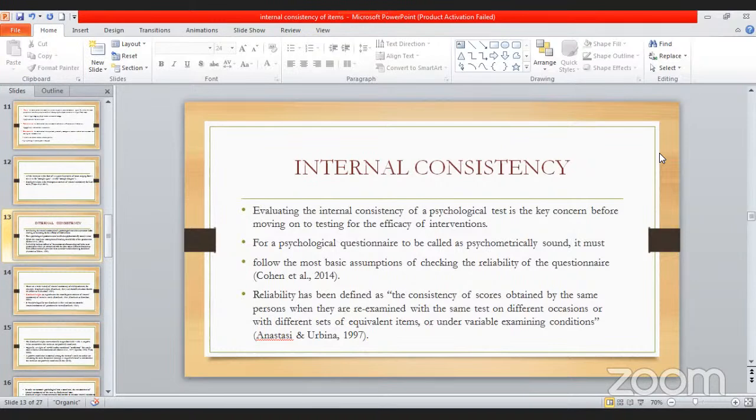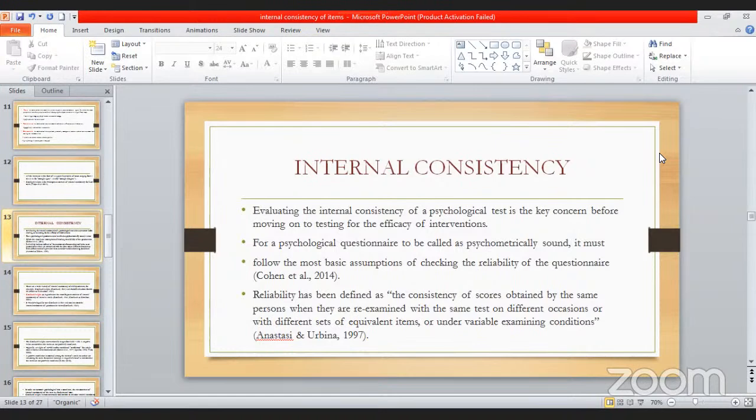Yeah. Okay, thank you. Then we are moving on to internal consistency, which means we need to evaluate the internal consistency of a psychological test. If a psychological questionnaire is to be sound, we have to test its internal consistency.